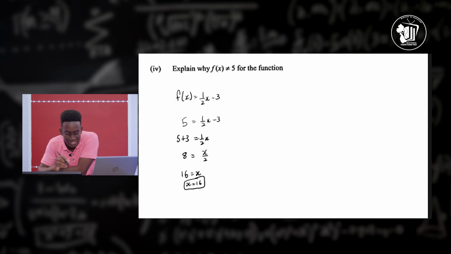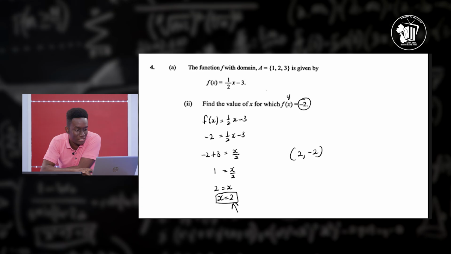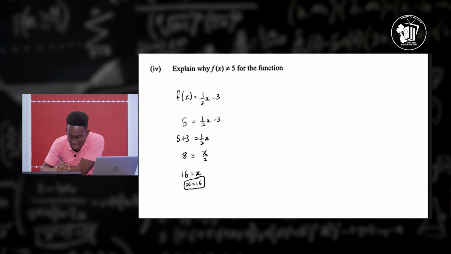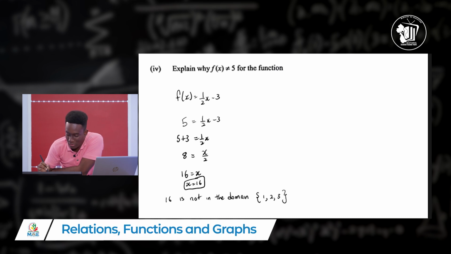So because x is equal to 16, if we go back to the domain that they gave us, you see this function has a domain from 1 to 3. So we can say 16 is not in the domain, which is 1, 2, 3.